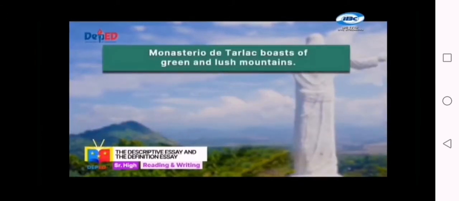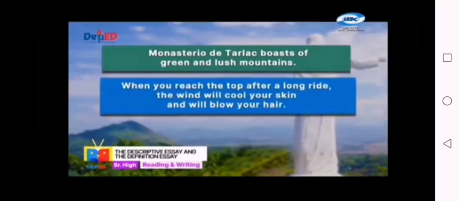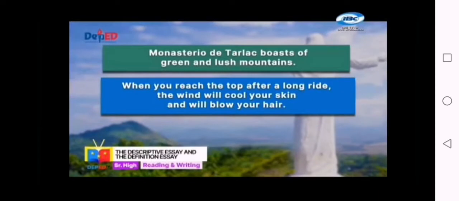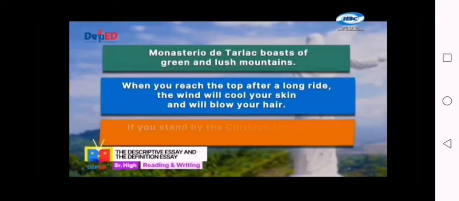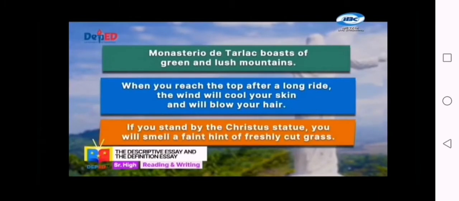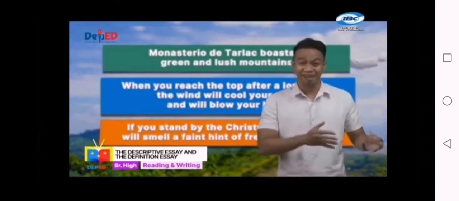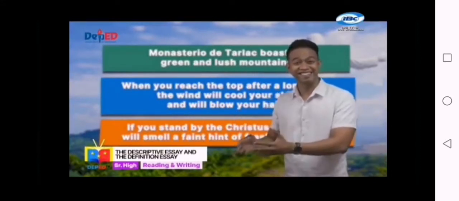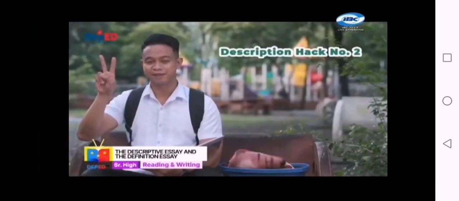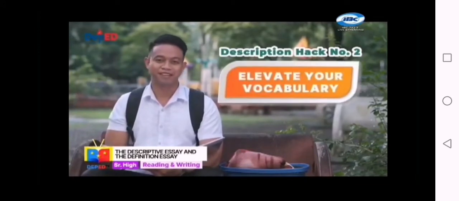Monasterio de Tarlac boasts of green and lush mountains. When you reach the top after a long ride, the breeze will cool your skin and will blow your hair. If you stand by the Christus statue, you will smell a faint hint of freshly cut grass. See? Bland to brilliant.